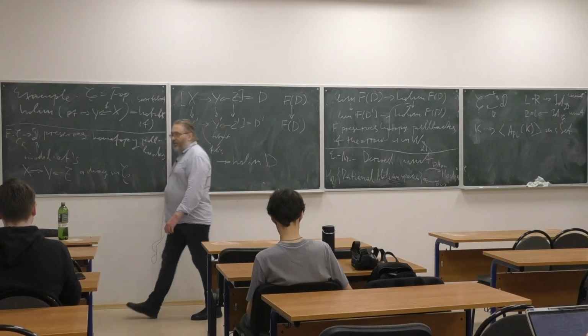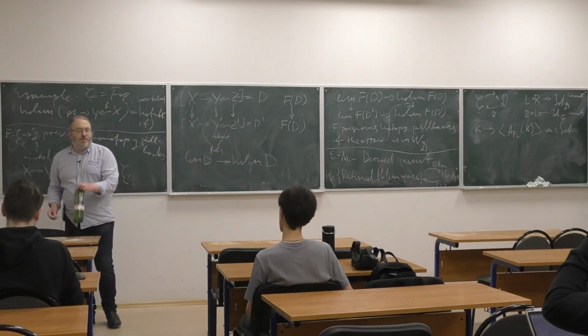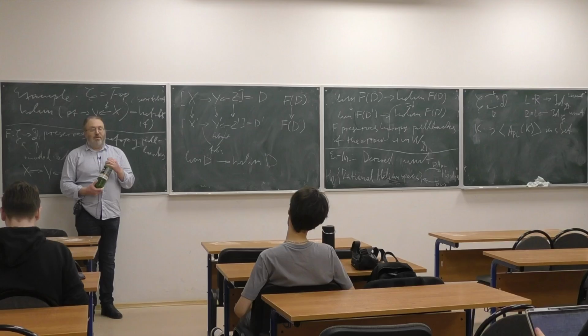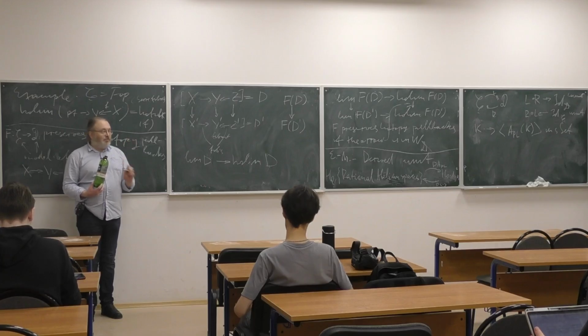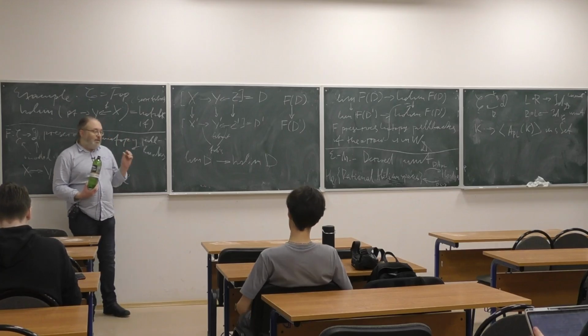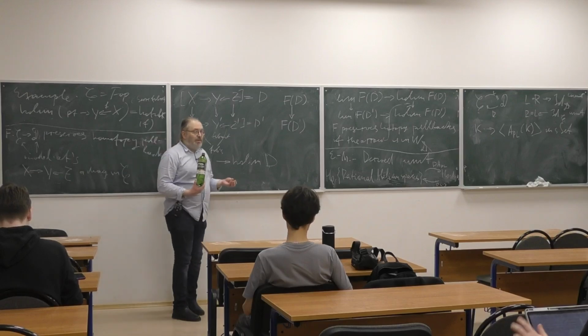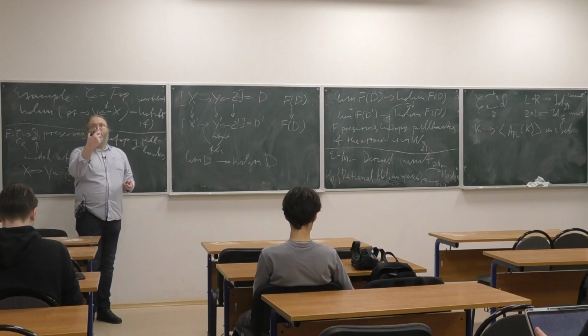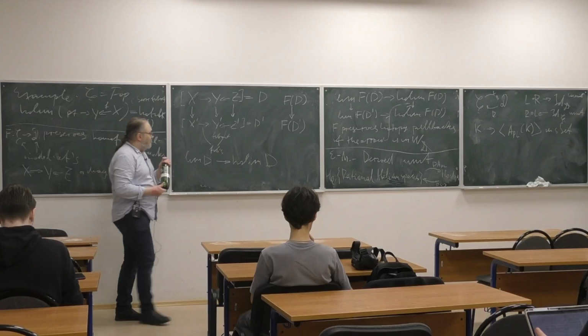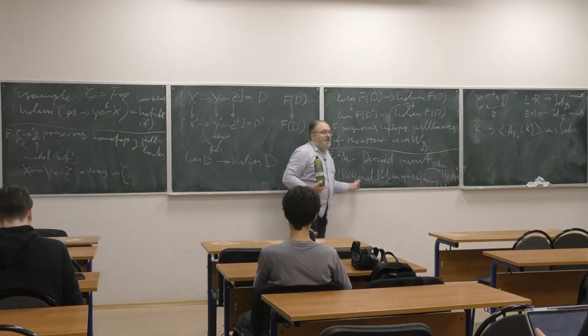By the way, what does abelian mean? Does anyone remember? Yes, the action of pi 1 on every pi n is trivial, which for n equal 1 means that pi 1 is abelian itself. Very well. And if I have an abelian space, then what does rational mean?